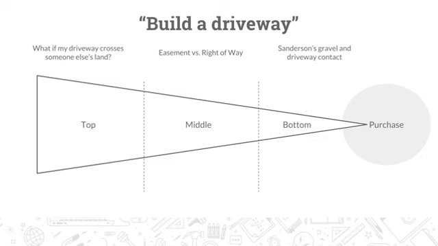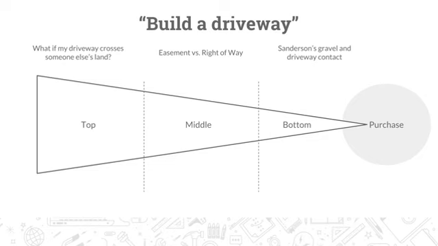In the middle of the funnel, we'd see that I start using technical language. I start using the correct terminology where I say, oh, you know what, I either need a right of way for my neighbor, or maybe we need to talk about getting an easement. You're not going to see that kind of terminology often in the top of the funnel because it's considered more technical language.